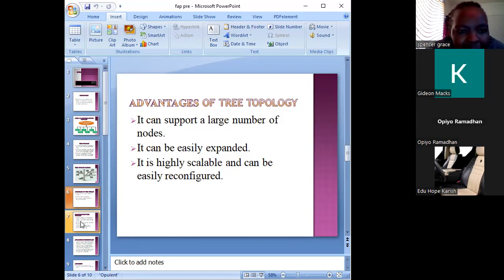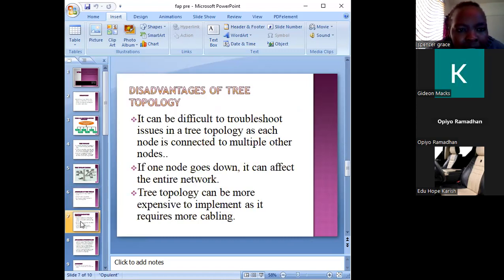Next, we have disadvantages of tree topology. One, we can say it can be difficult to troubleshoot issues in a tree topology as each node is connected to multiple other nodes. So if there is a failure of one hub, it can affect the other nodes within that hub.